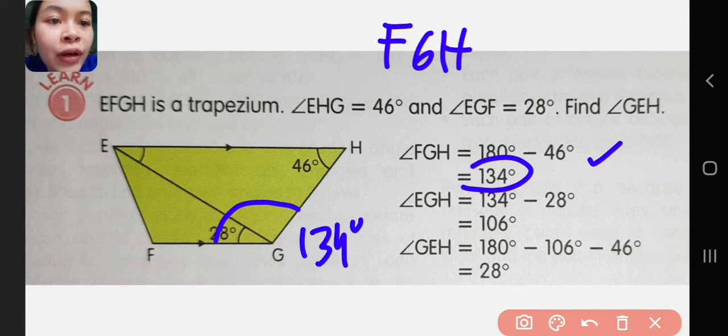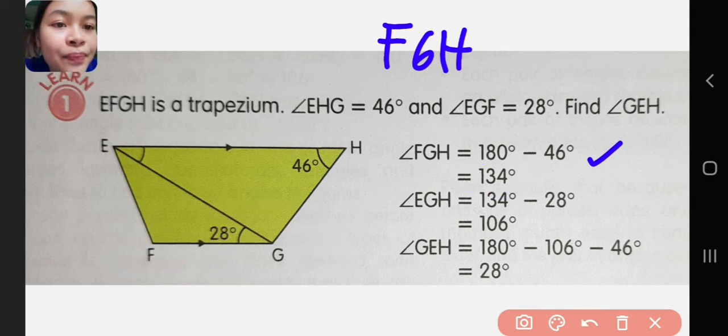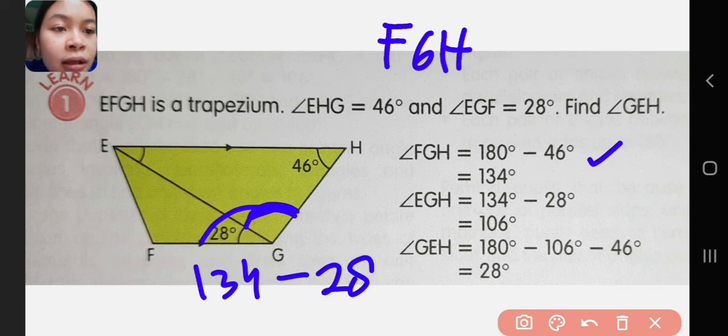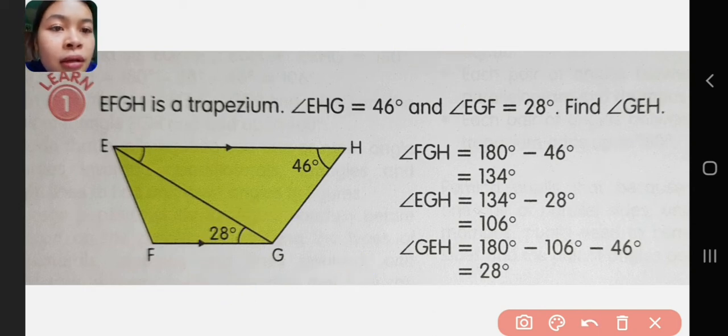To find EGH only, of course, 134 minus 28 equals 106. So this one equals 106 degrees.